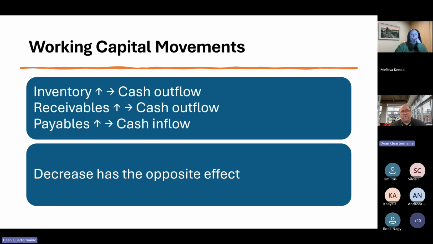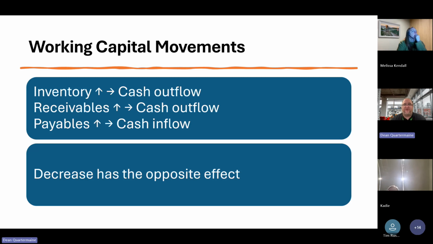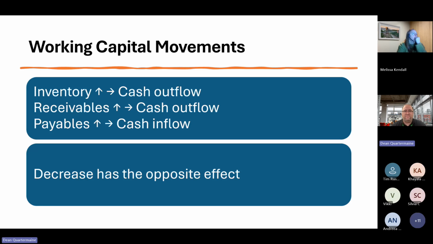So working capital then. If we see a year-on-year increase in the closing inventory valuation, for example, that's because we've laid out cash buying inventory. So an increase in inventory, you had to pay for it somehow. So it's a cash outflow. If you increase receivables, if you see an increase in receivables, you've laid out cash, because you've reduced the amount of cash you've got.